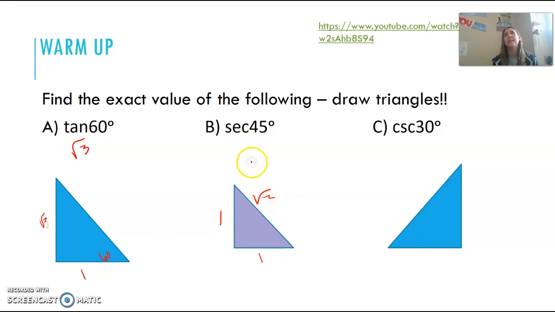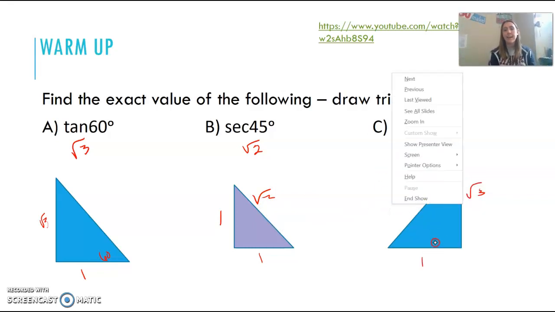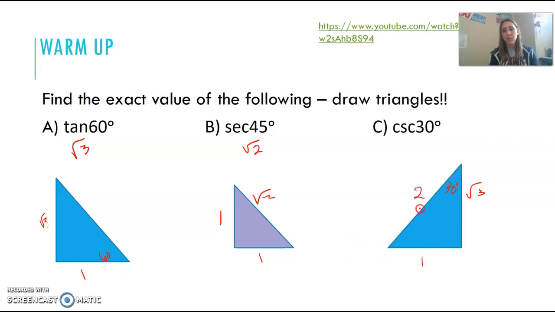Secant is the reciprocal of cosine, which is adjacent over hypotenuse, so it's going to be the hypotenuse over adjacent. So we've got this, and then we have cosecant, which is the reciprocal of sine, and that will be the hypotenuse over the opposite, which is 1, so we just have 2. So that is the answer. Oh, I forgot to put a 2 here.